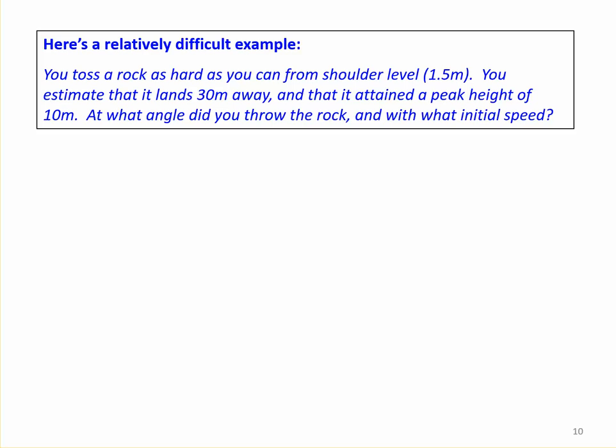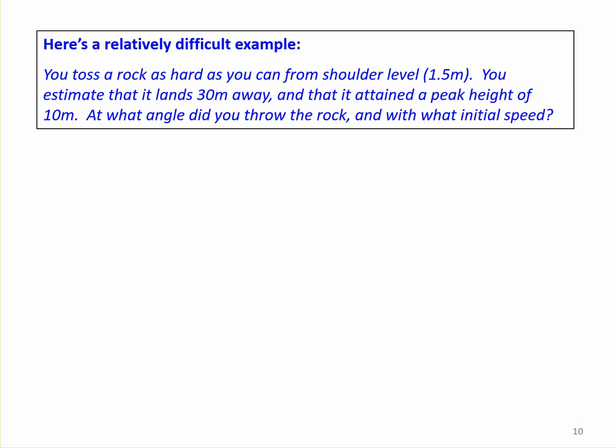You watch it fly off your hand, and you notice that it lands 30 meters away, and at its peak height, it was about 10 meters off the ground. The rock lands 30 meters away, and its peak height was 10 meters.